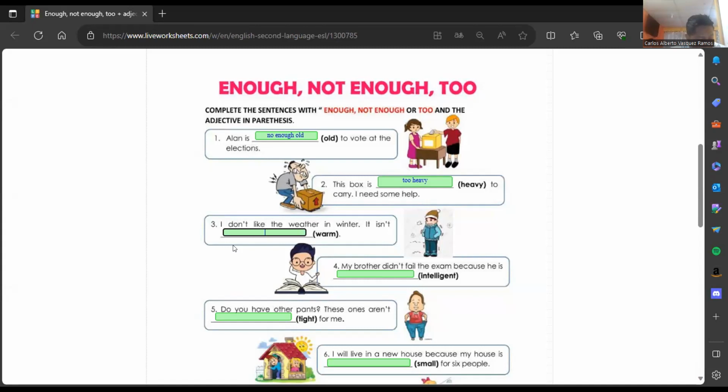No, porque todo está negando. It isn't enough warm, ponga solo enough, creo que es. No podemos poner not enough porque ya está negando el isn't. Entonces creo que es enough. Como que no es suficiente, suficiente cálido.